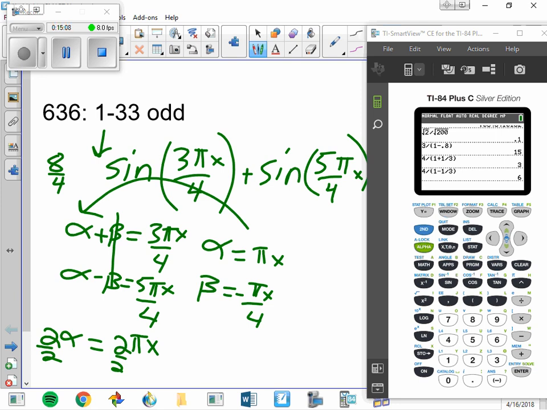Okay. Hold on. Let me finish this one and then I'll show you. So the answer is the sine of pi x times the cosine of negative pi x over 4.